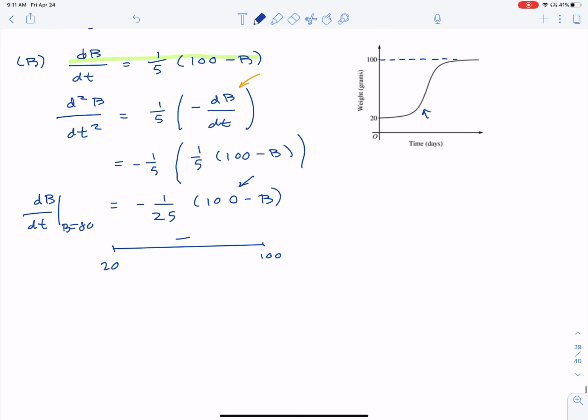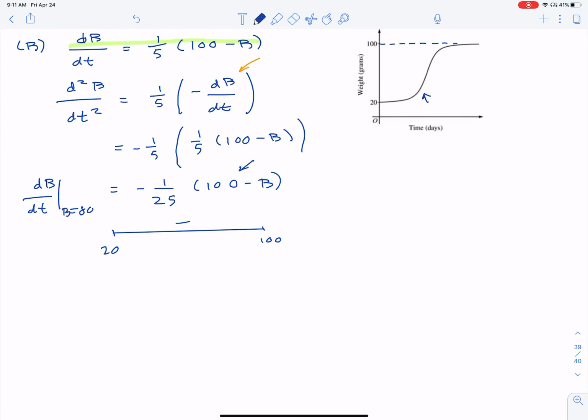So what I'm going to write, on the interval, let's use proper notation: the second derivative is negative.